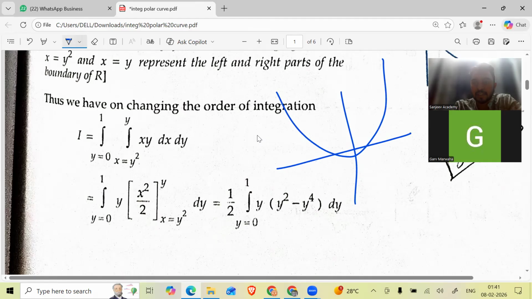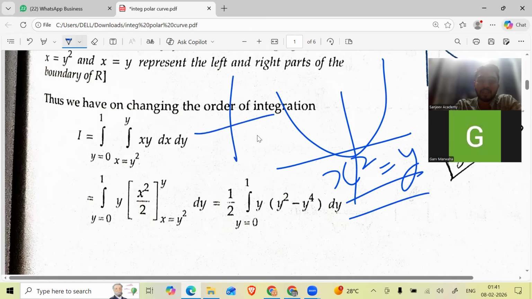X axis. Correct. It is touching x axis. So x square is equal to y. If it is C, which axis is touching? Y axis. So y square is equal to x. So you see, you can't see me, that thing. Okay, so this is an easy way to remember.